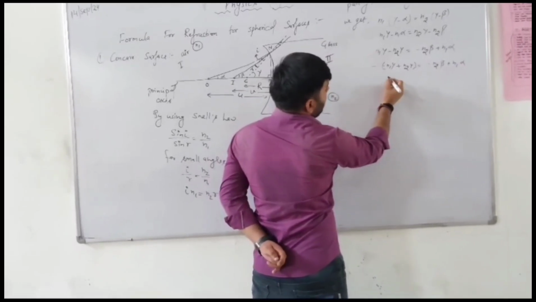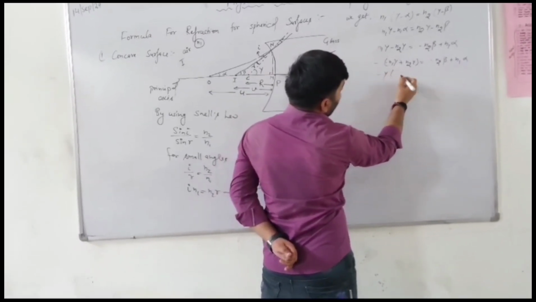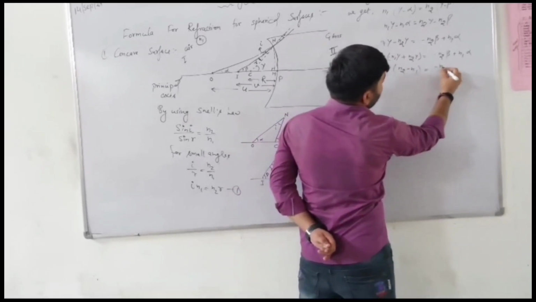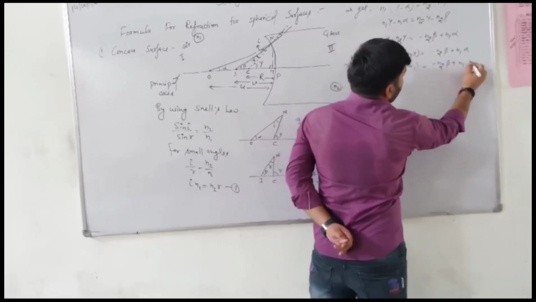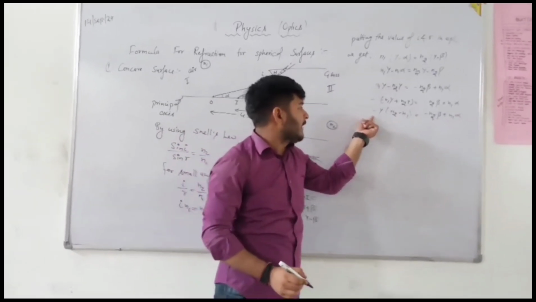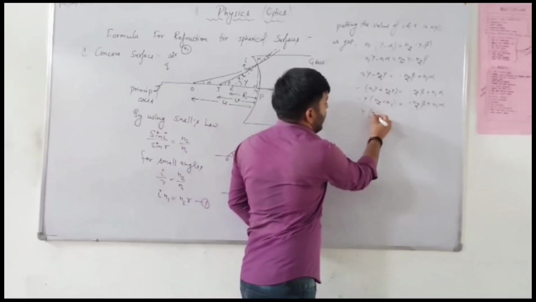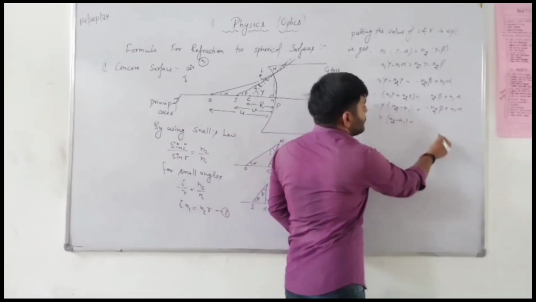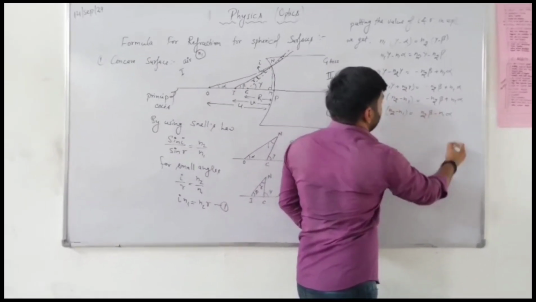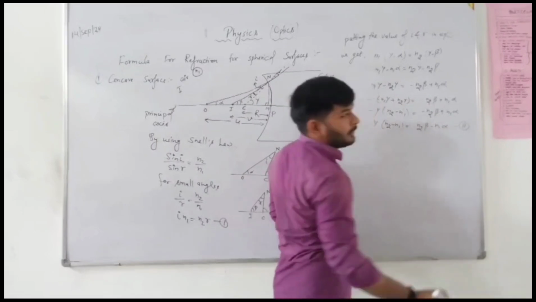Also, we take gamma as common. So gamma times N2 minus N1 equals minus N2 beta plus N1 alpha. We transpose this minus sign, so we get gamma into N2 minus N1 equals N2 beta minus N1 alpha. Now this is our second equation.